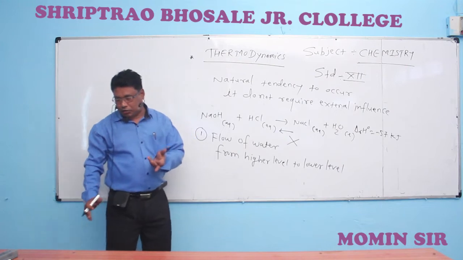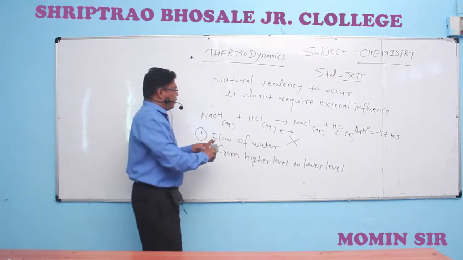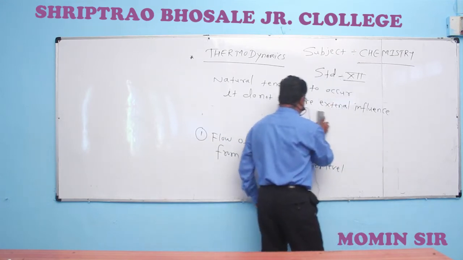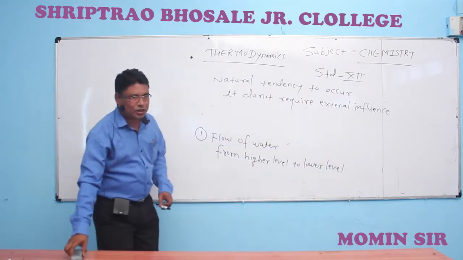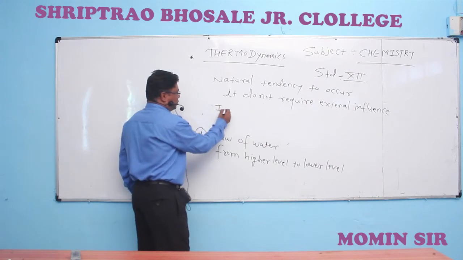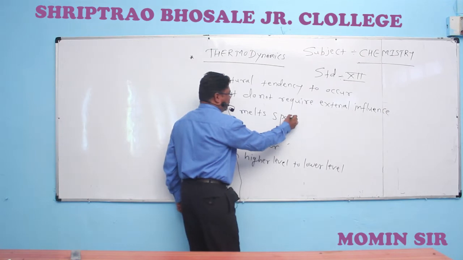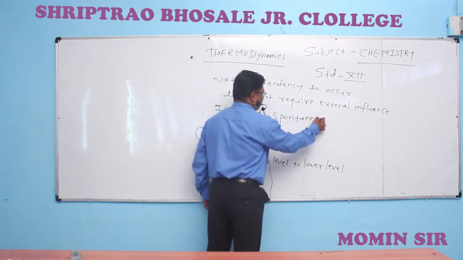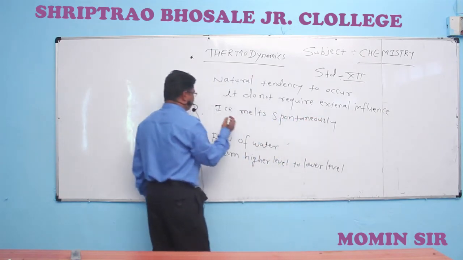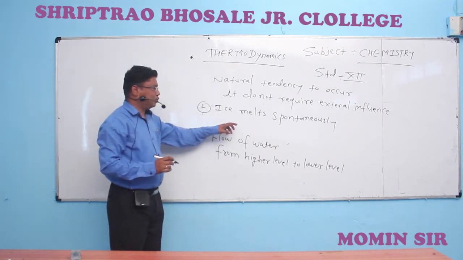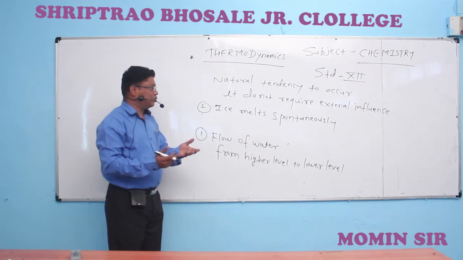And similarly, another example: ice melts spontaneously. This is the second example of an irreversible or spontaneous process.